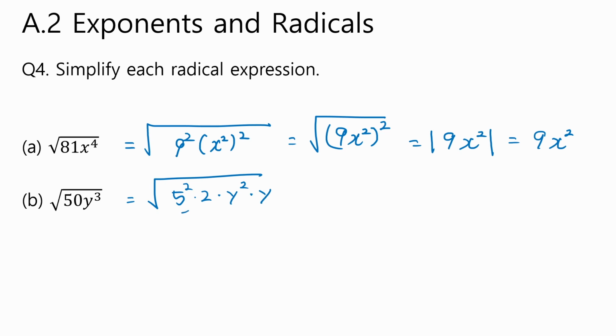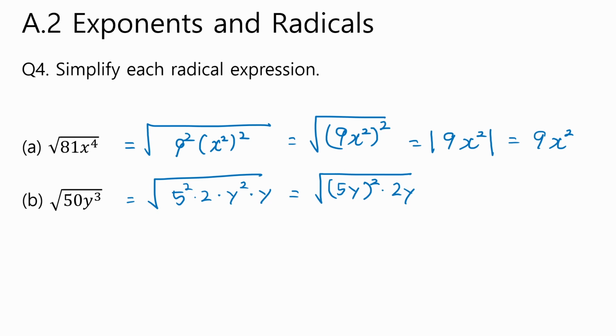These are perfect squares, and 2y is the leftover factor. Then we write the square root of 5y squared times 2y.